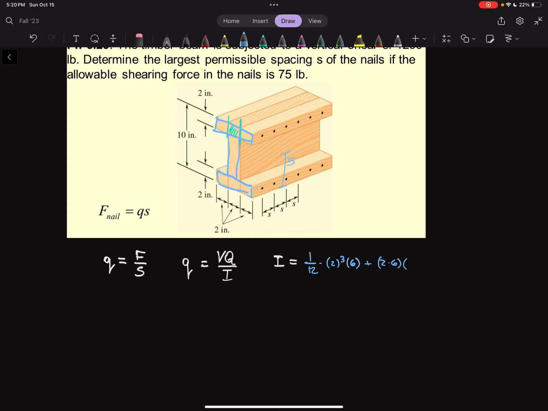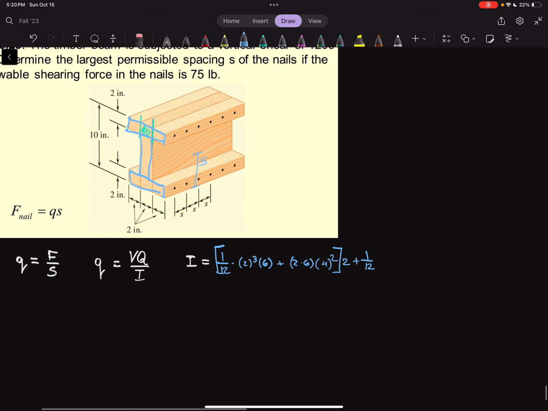So we want 5 minus 1. So we want to shift it 4. And there's 2 of these. The other one is already in the middle, so I don't have to shift it. And it's going to be a distance of 10 minus 6 to the third times 2.